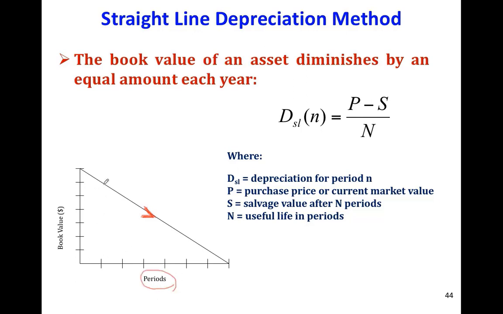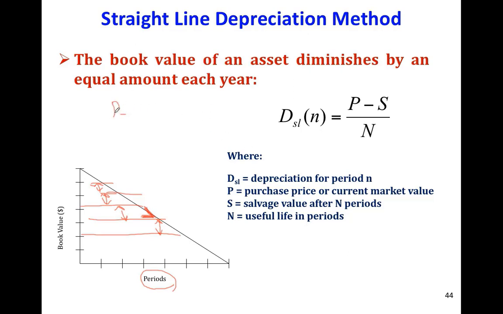Let's say each year we have a certain amount of depreciation that will happen. Each year there is this much that will reduce. So it's a linear relation.